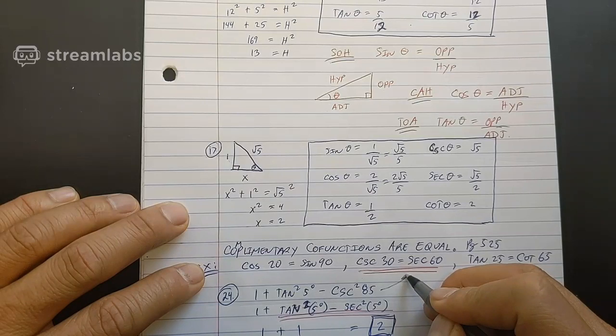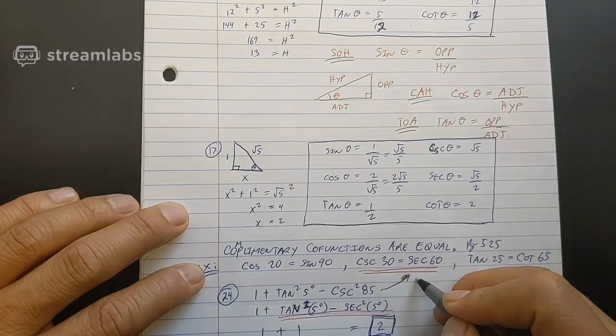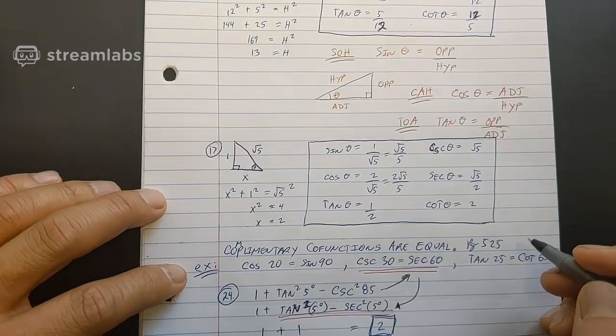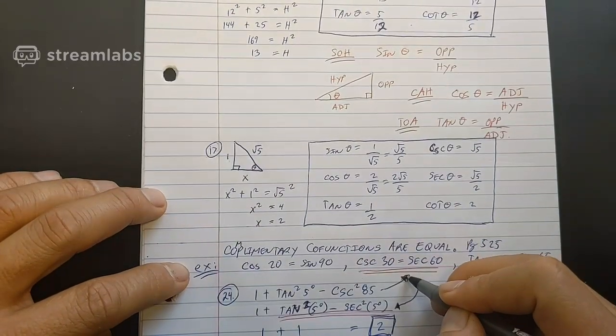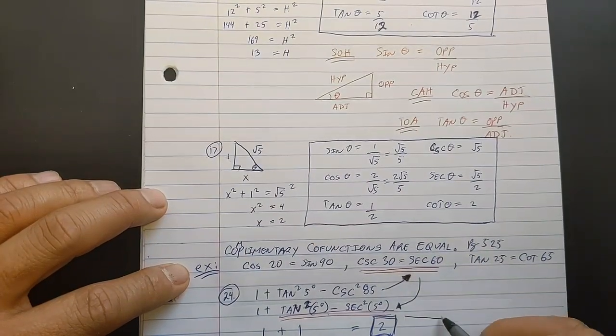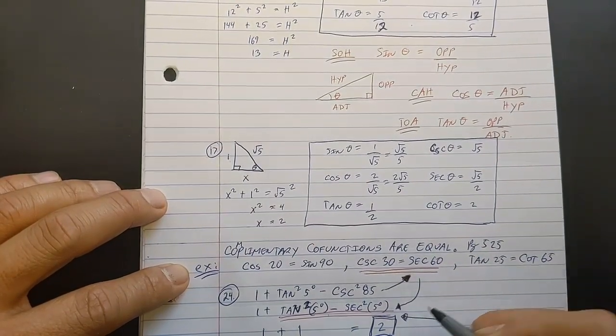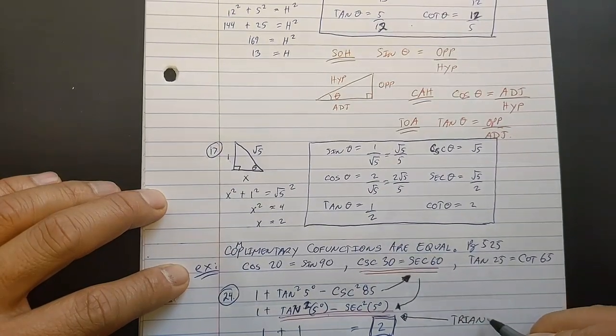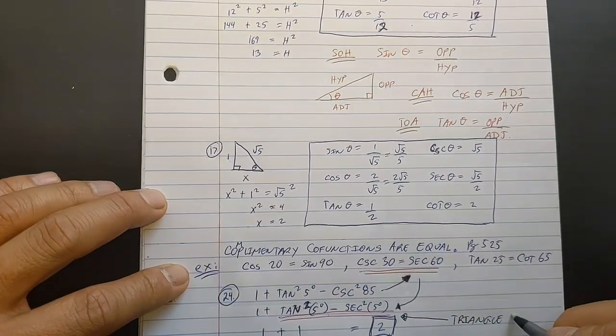It goes from there to here. And this part is from trig bits, triangle identities.